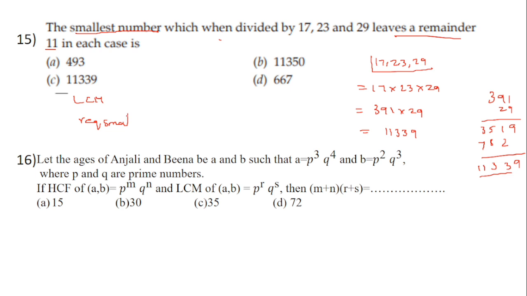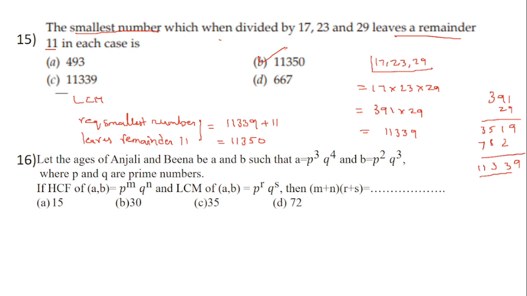So the required number is the smallest number that leaves remainder 11. 11339, we should add 11, so it will be 11350.